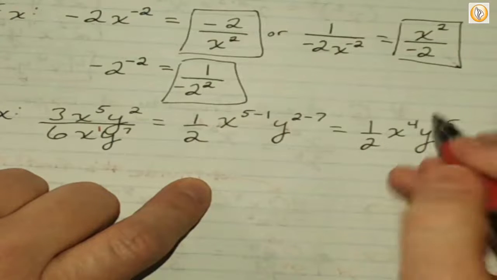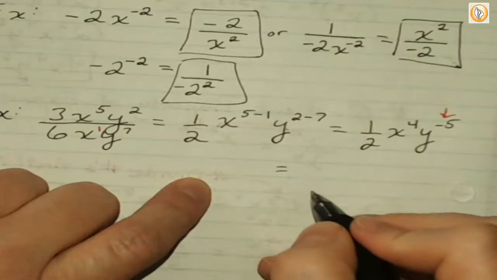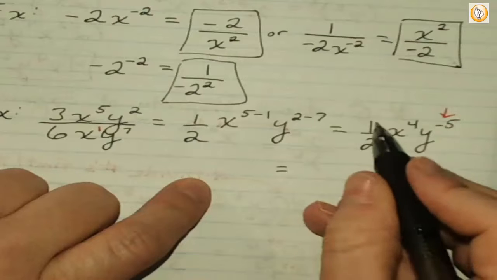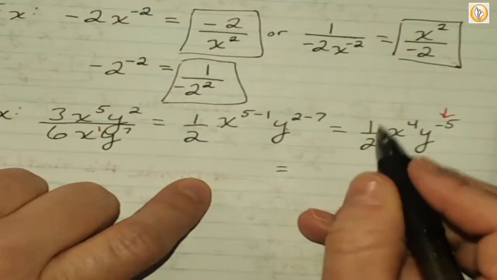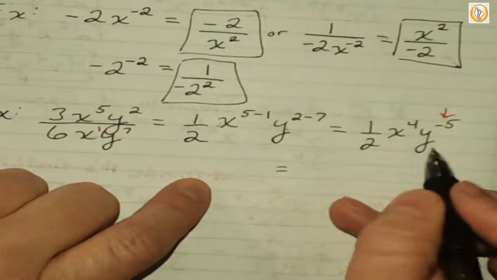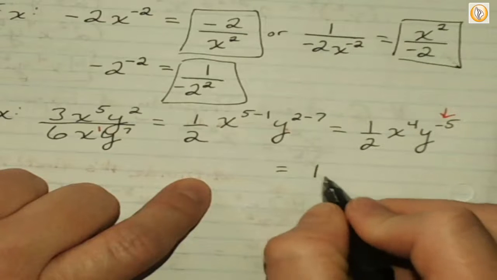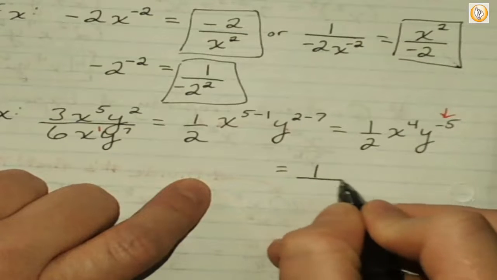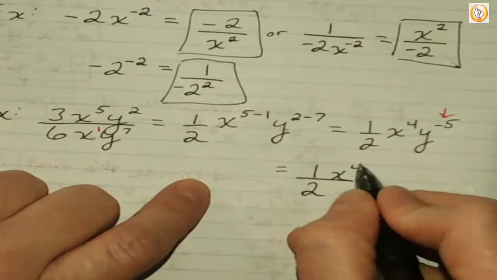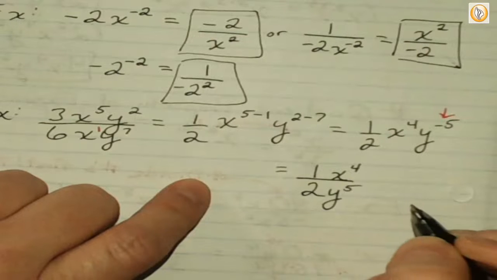I have a negative exponent. We can put it under the y. Because if we have a fraction here already, then we have a numerator and we just put it in the denominator. So it would look like 1 over 2 x to the 4th over y to the 5th.